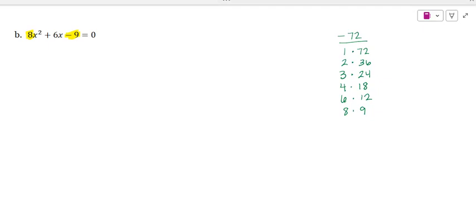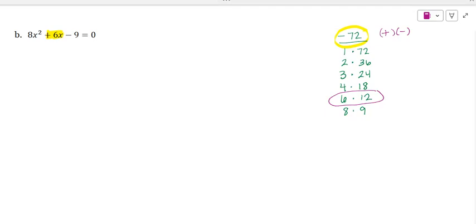All right, the next step is to figure out which of those numbers will combine to give us the middle term. We want a positive 6 in the middle. Our product that we started with is a negative number, so we know that one of our numbers is going to be positive and one of our numbers is going to be negative. The two numbers that look like they are 6 away from each other are the 6 and the 12.